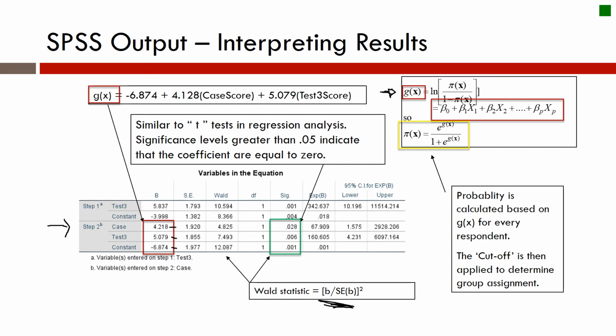A G sub x function is created, then that function is used to create probabilities in which we'll place our respondents. Now, remember that cutoff point of 0.5? When we create the probability, anybody who scores above a 0.5 in probability will be in the first group, and anybody below will be in the second group. So that's how that is created.